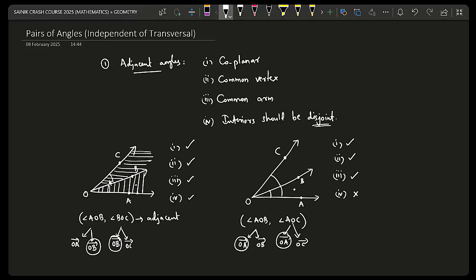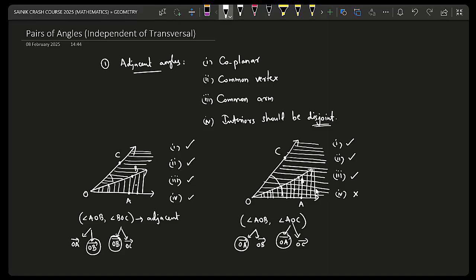Now in the second figure, you see angle AOB. I'm shading with vertical lines. So this is the interior of angle AOB, right? Now I want to shade the interior of angle AOC with horizontal lines. This is the interior of angle AOC only.